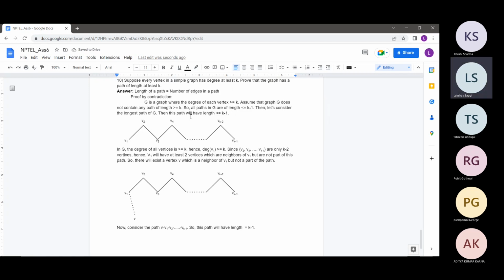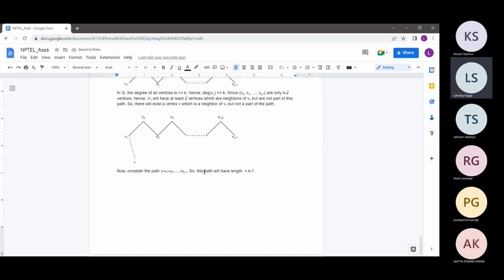Earlier, the length of V1 to Vk minus 1, the longest path, we assumed to be k minus 2. But now we have obtained a new path which goes from V to Vk minus 1, and the length of this is k minus 1. But this can't be the case, guys.